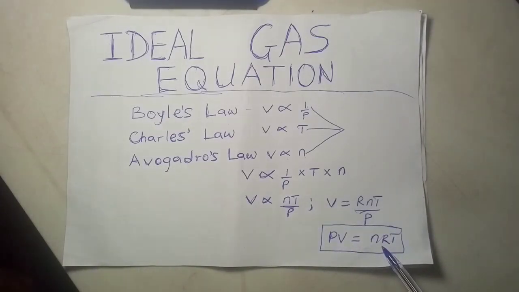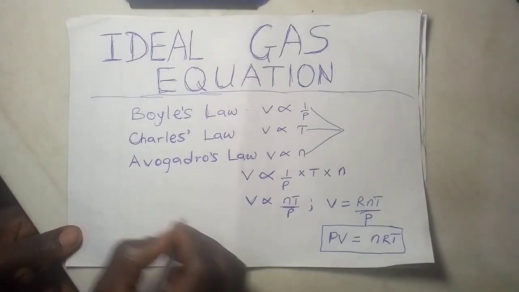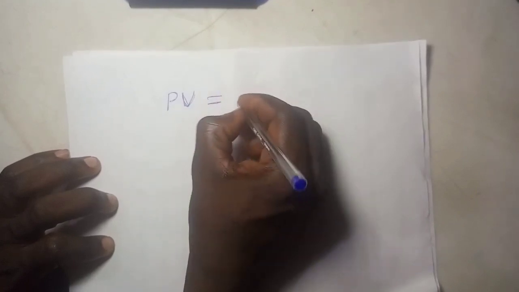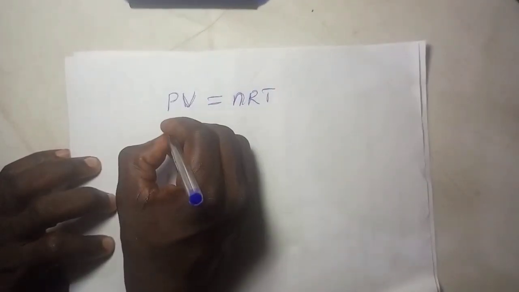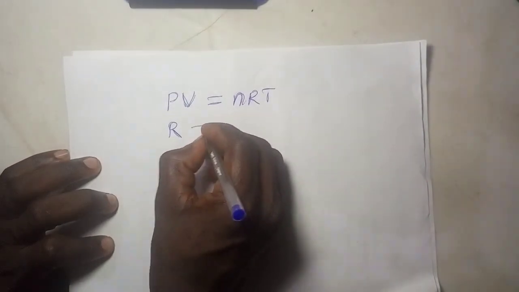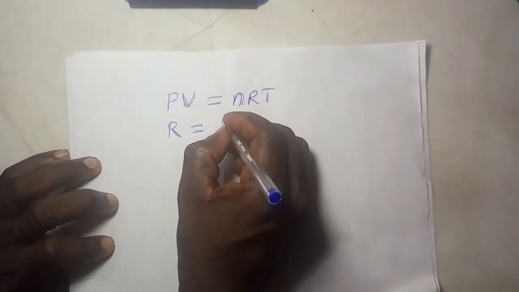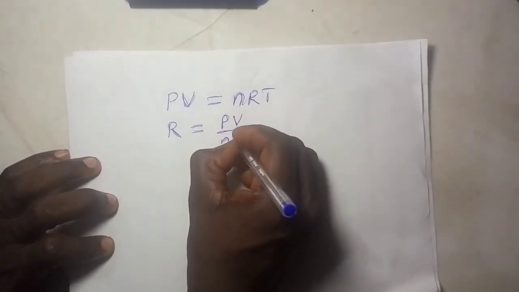So R can actually be derived, which is the molar gas constant. Just look at what I'm going to do now. From the formula we just got, PV is equal to nRT. If you make R the subject of the formula, you are going to have R is equal to PV over nT.